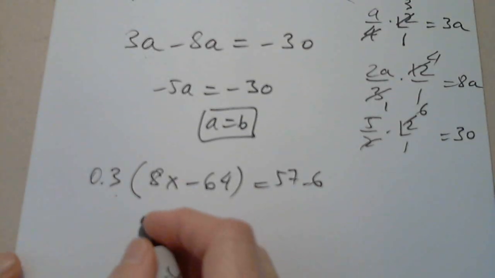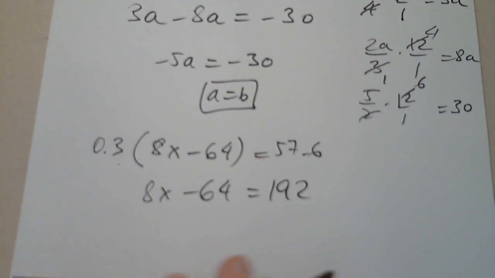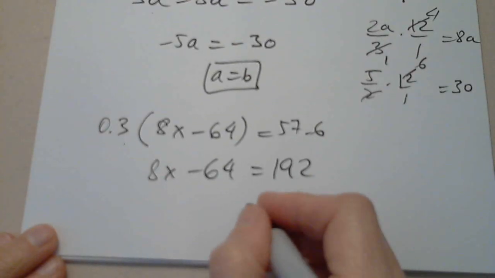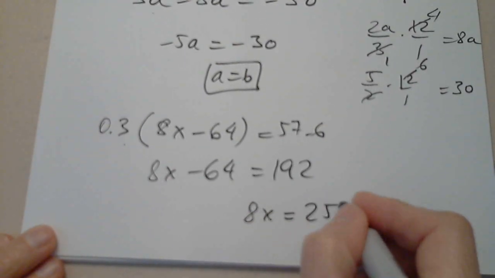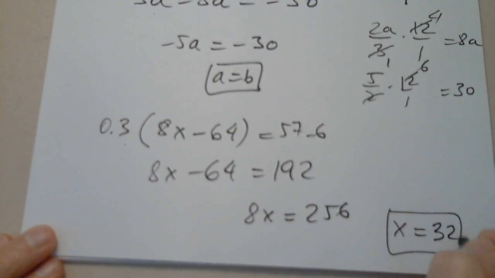So I'm just going to write that 8x minus 64 equals 192. And then I'm going to add 64. And then I'm going to divide by 8 and see what I get. So 8x equals 256, and when I divide by 8, I get x equals 32.